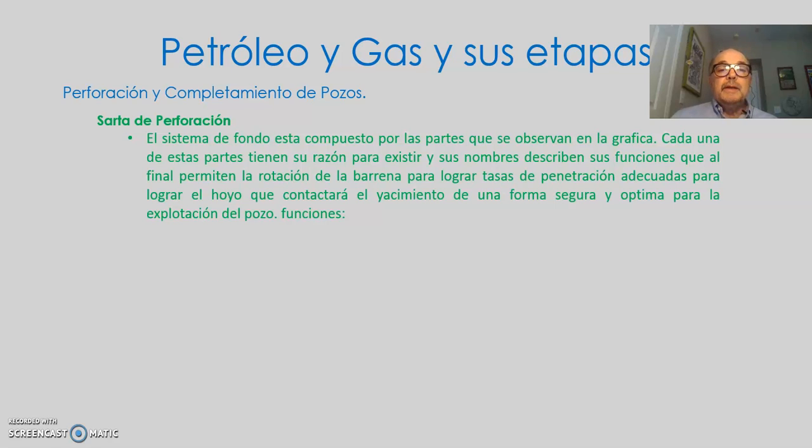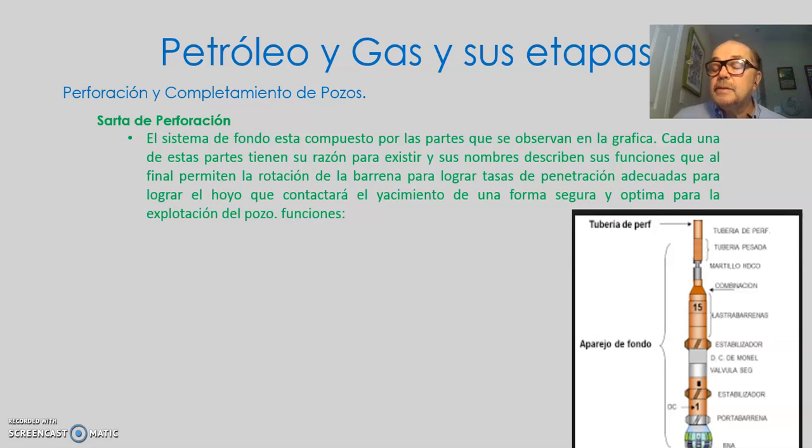So the drilling string is, like I said, composed of tubes. They normally measure between 30 and 40 feet long, and that's how they thread them together as we drill the well. This is what we find in the normal drilling string.